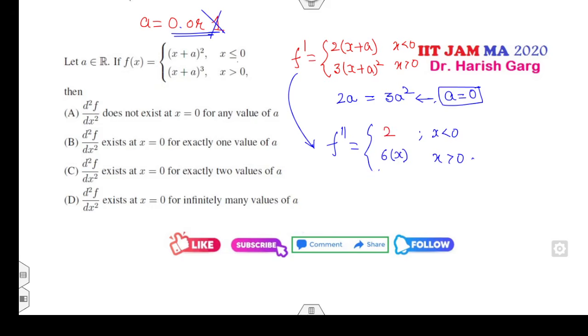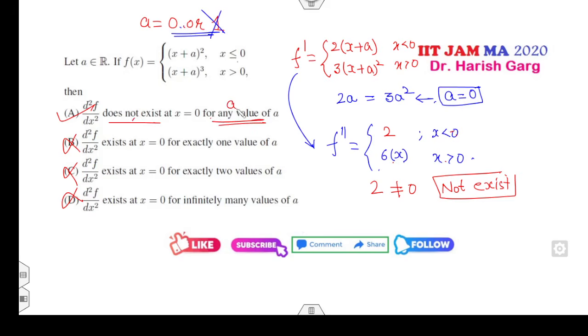Fine. So now at the point 0, its lower limit is 2, and the upper limit will be 0. So 2 is not 0. That means the function does not exist. Fine. So here you got only one value of a, because 1 got cancelled. It does not exist for any value of a, that is a is equal to 0.